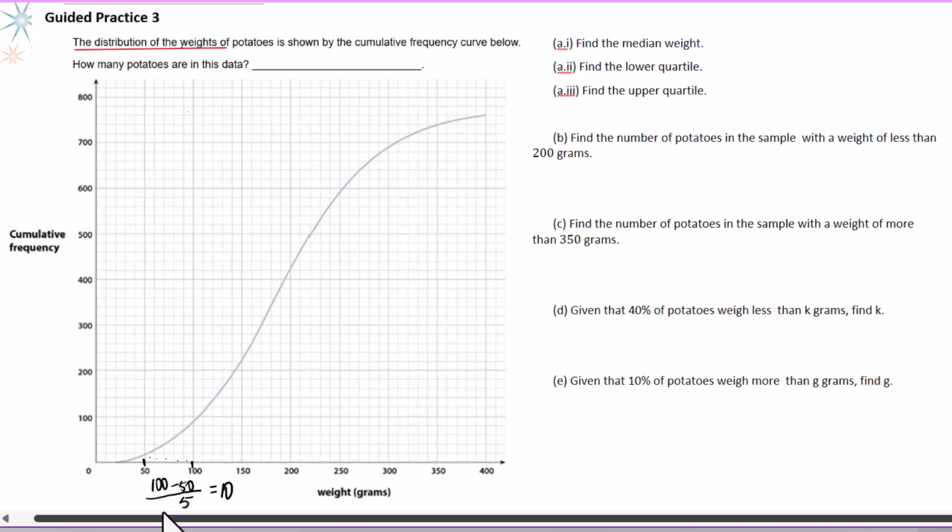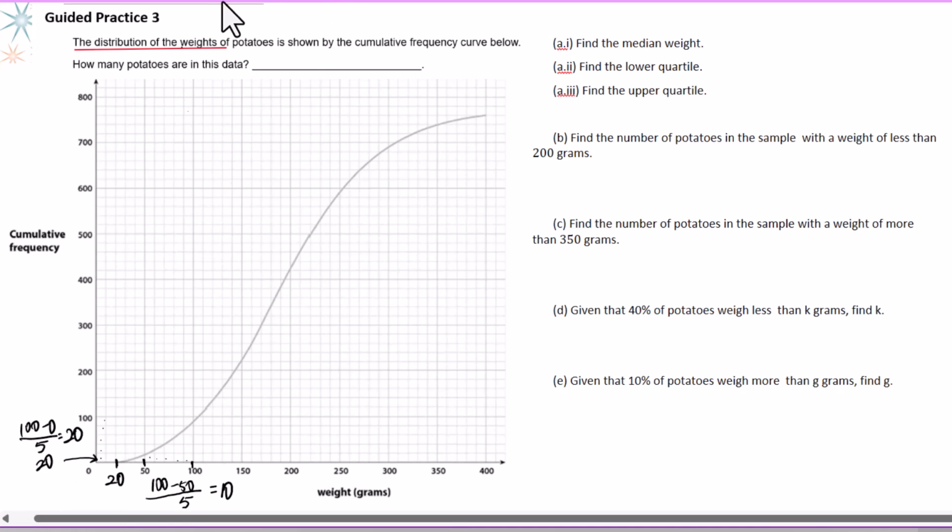The cumulative frequency curve starts at 20. Let's go to the y-axis. 100 minus 0 divided by the boxes, 1, 2, 3, 4, 5, equals 20. So each small box is 20 potatoes.